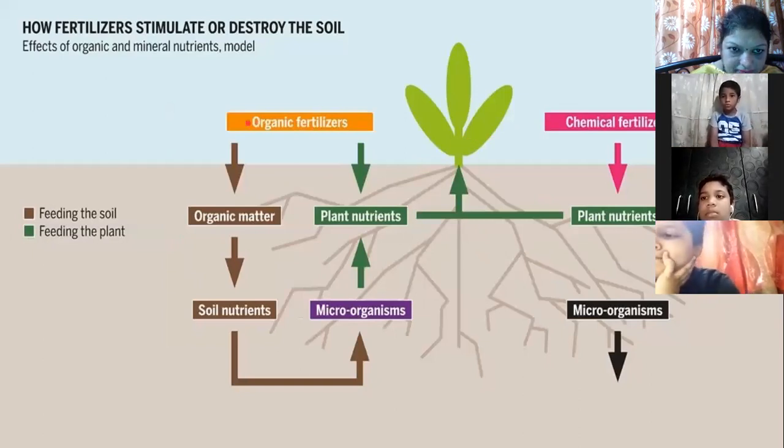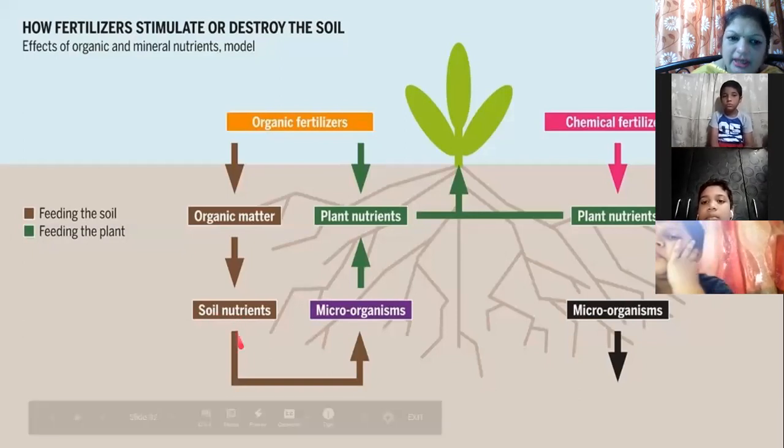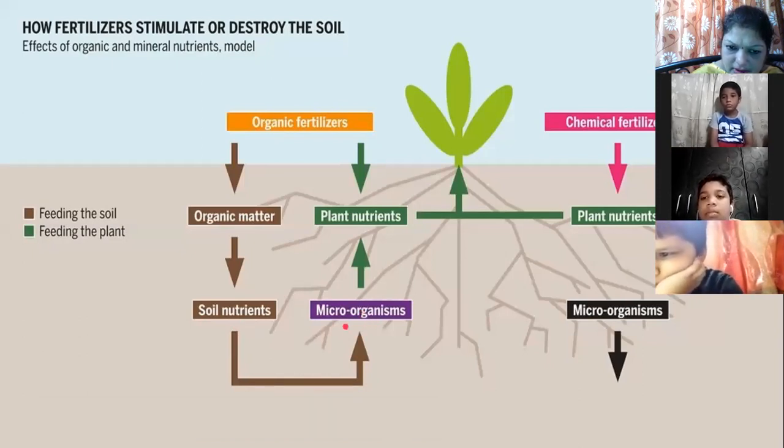Look here, this organic fertilizer is being mixed with the soil. Now this soil is getting nutrition, soil nutrients are there, okay. Then these soil nutrients are being provided with the help of microorganisms.